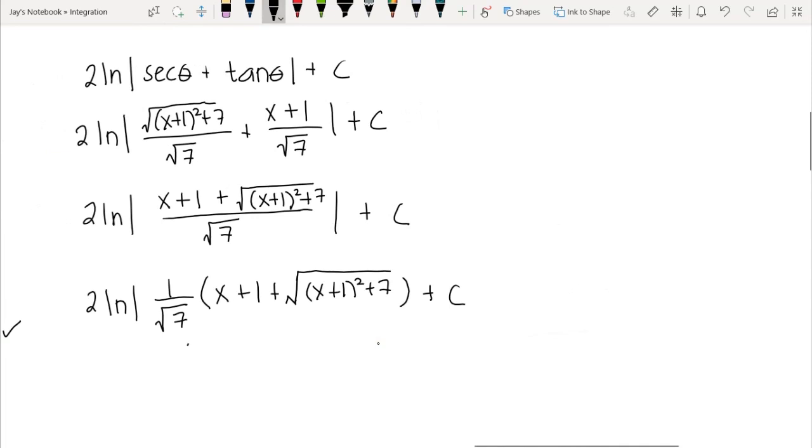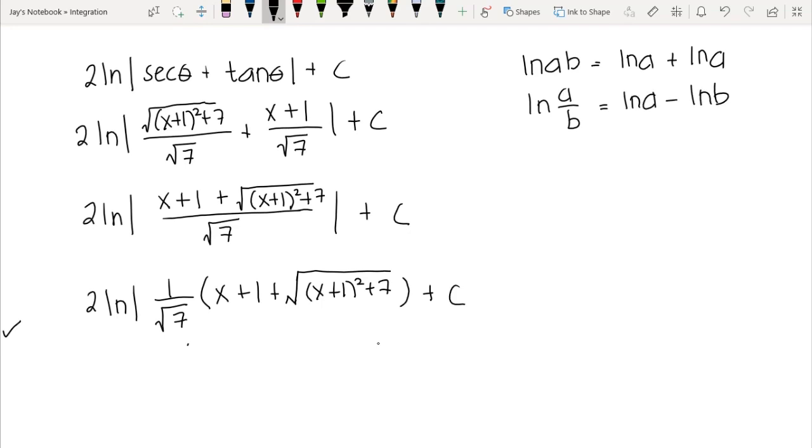Now take note, if you remember the rule in logarithm, that if you have the logarithm of a, b is equal to the natural logarithm of a plus the natural logarithm of b, or if you have the natural logarithm of a over b is equal to the natural logarithm of a minus the natural logarithm of b. If you remember this rule from your trigonometry, we can apply this one into this form. Now take note, we have 2 here. We set this as our a, and this one as our b, correct?